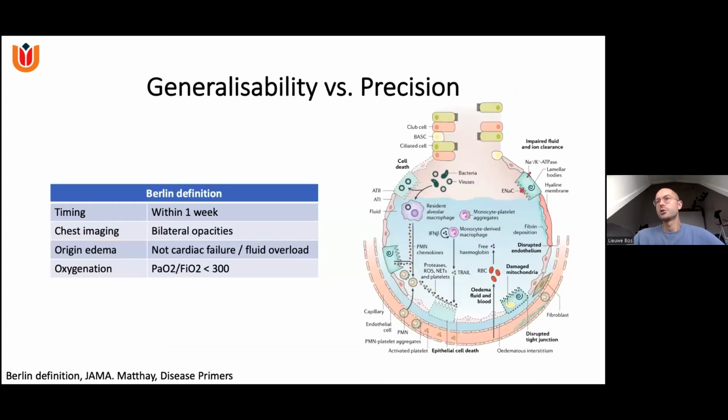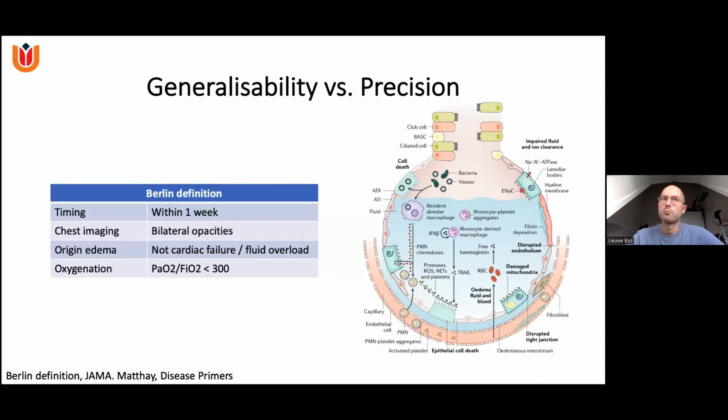So I just spoke about the different disease processes that can be observed in patients with ARDS, summarized here on the right side. And we're getting more and more precise in identifying these pathophysiological processes. Yet, at the same time, we diagnose ARDS with a very simple clinical definition.